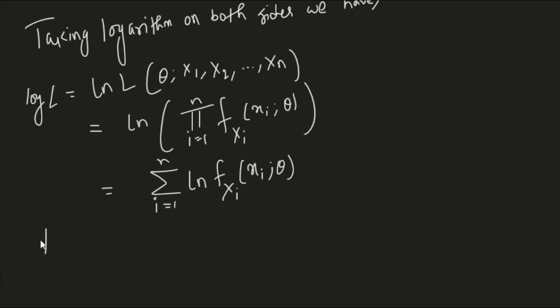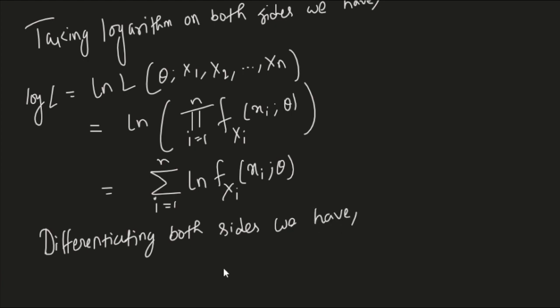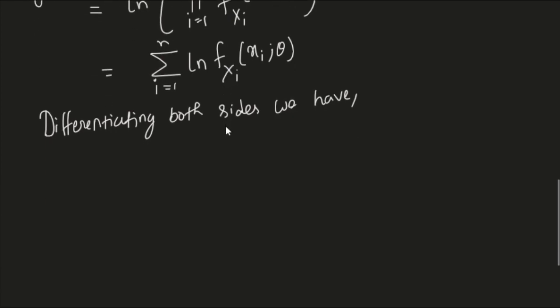So differentiating both sides, we have, so firstly the question asks us how do we differentiate both sides, right? Well, it's obviously L prime by L, and we are differentiating it with respect to θ, of course.